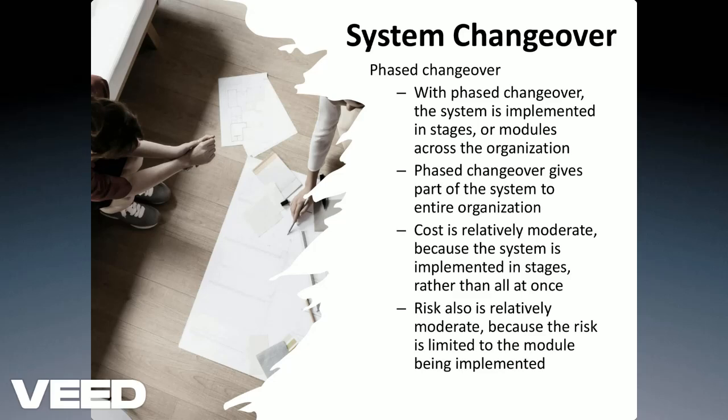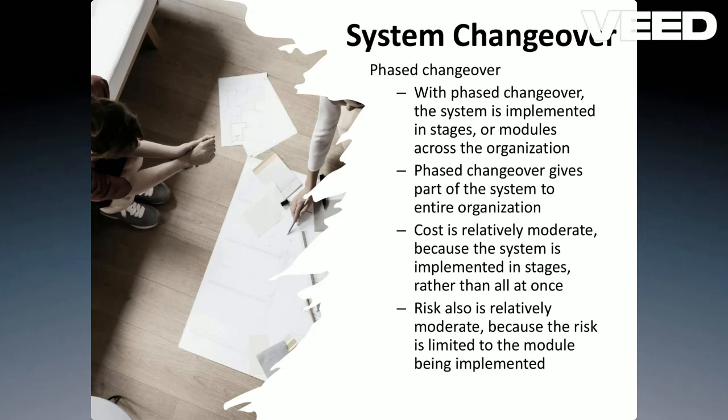So in this particular changeover, risk is moderate, same as the cost. You only affect the place where the phase is being implemented or that part of the system is being implemented. The rest remain untouched. Then you'll be able to move forward based on the feedback from that phase that has been implemented as part of system changeover or implementation.